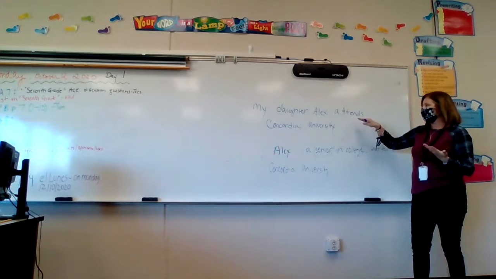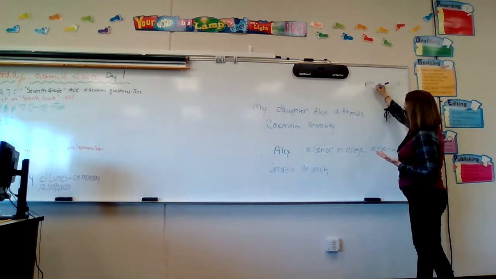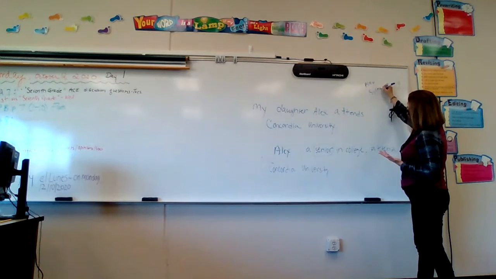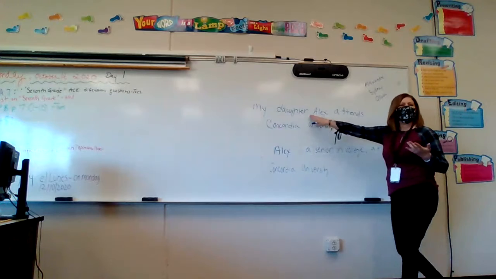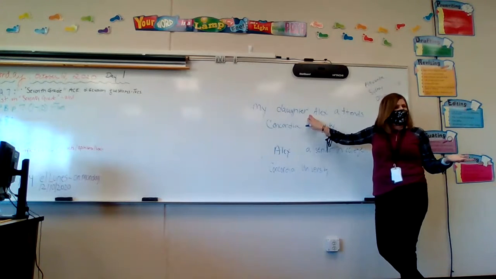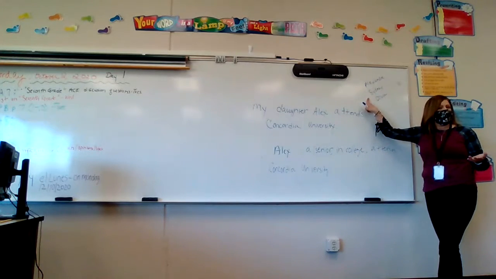Now here, I have 3 daughters. Alex is a weird name. Alexandra is her name. Here, because I'm just saying my daughter, you don't know which one I'm talking about. I could be talking about any one of them.